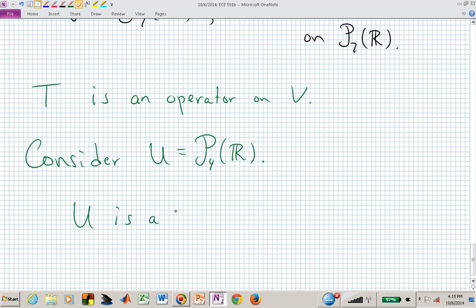And hopefully it's clear that that is a subset, or I'm sorry, a subspace. It's a subset for sure. What do we need it to be in order for it to be a subspace? If U is a subspace of V, what would we have to show?